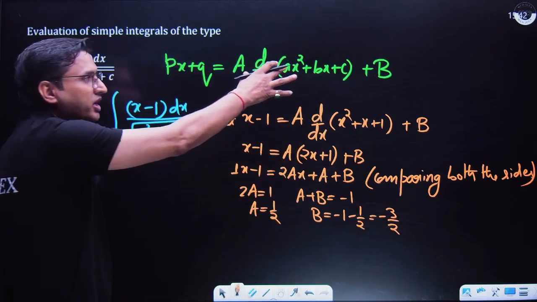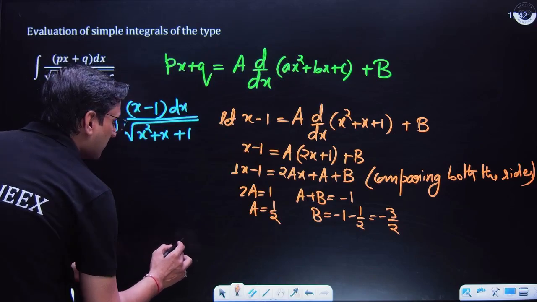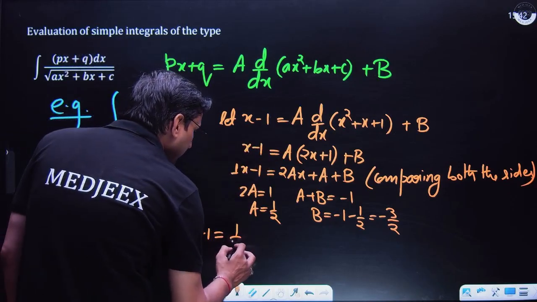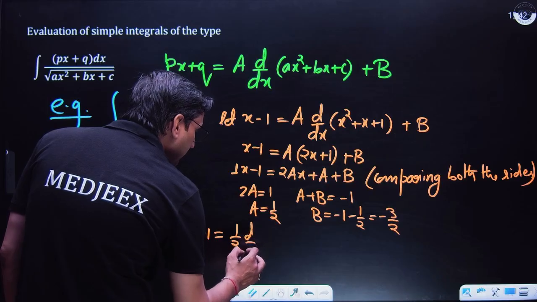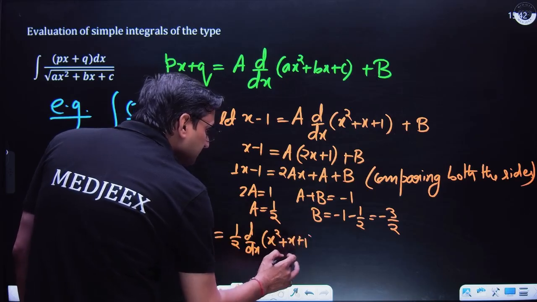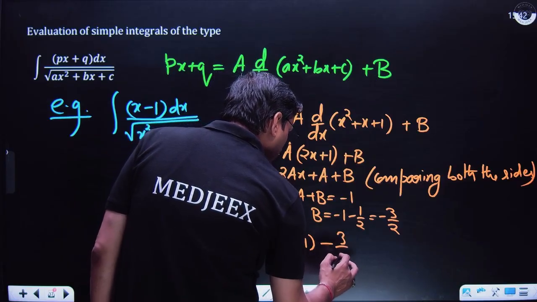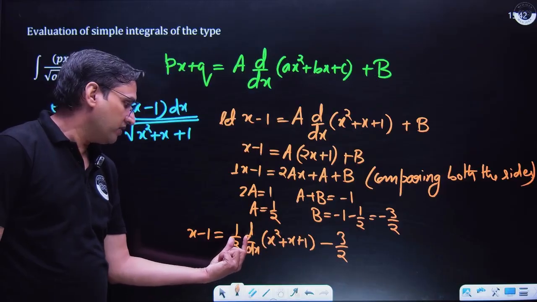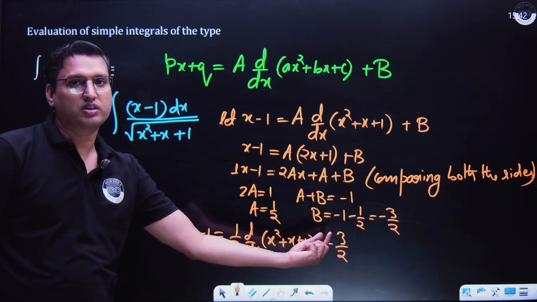Now substitute it here: my px plus q, that is x minus 1, will be nothing but 1 by 2 of d by dx of x square plus x plus 1, plus b, which is minus 3 by 2. Differentiating, half of 2x plus 1 is x plus 1 by 2, and x plus 1 by 2 minus 3 by 2 results in x minus 1. Yes or no?